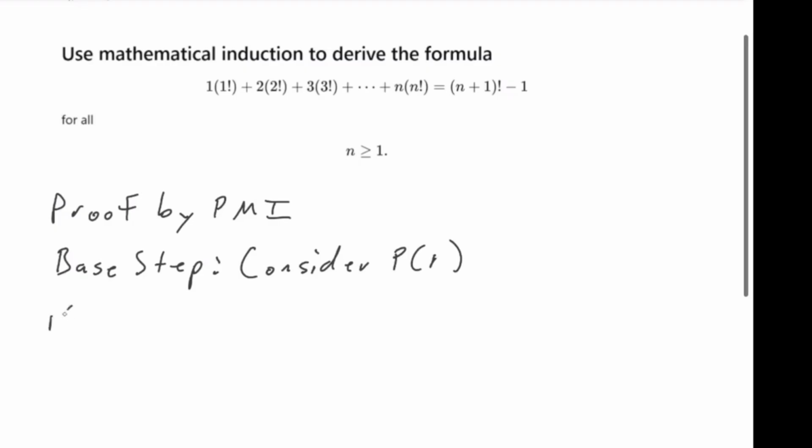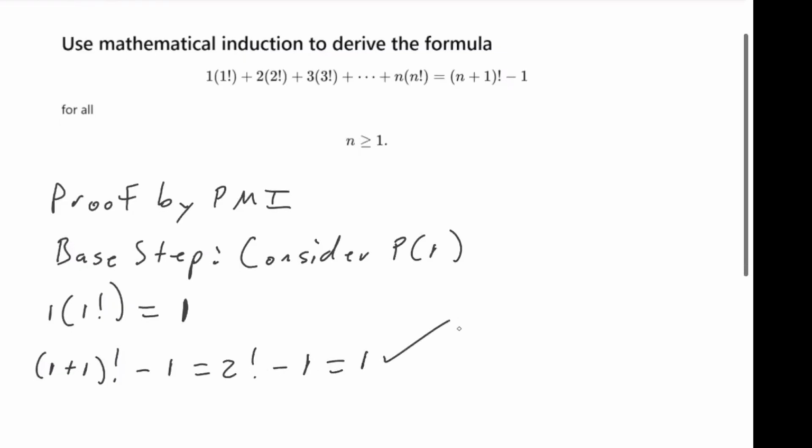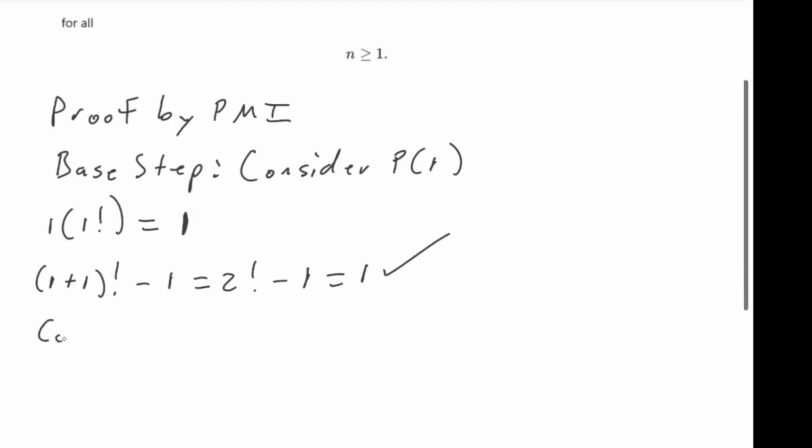So that's 1 times 1 factorial, which is equal to 1, right? And then we'll do the (1 plus 1) factorial minus 1, which is 2 factorial minus 1. 2 factorial is 2, and 2 minus 1 is 1. So that checks.